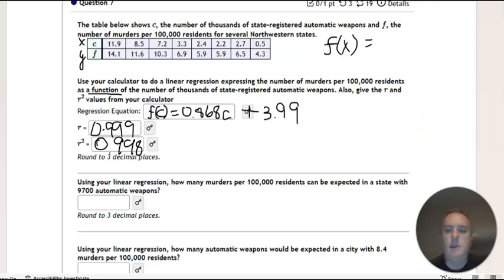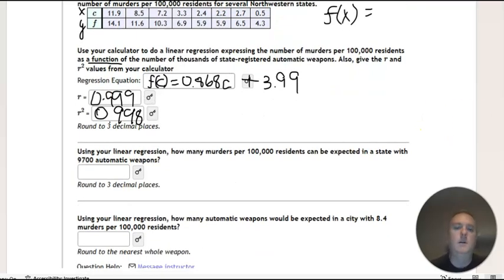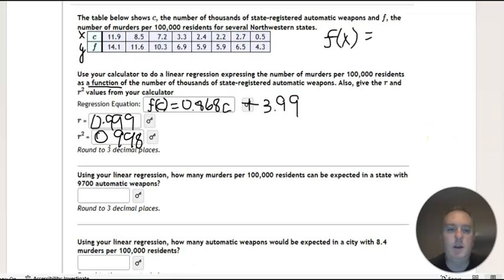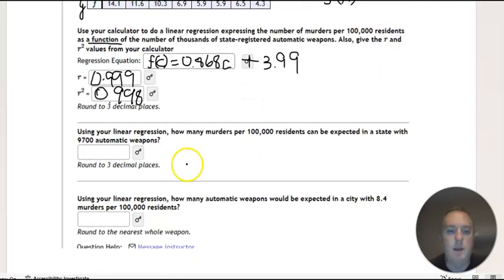All right, now we just need to use our regression equation to do some predictions here. It's asked for how many murders per 100,000 residents can be expected in a state with 9,700 automatic weapons. So the C value is the number of, or thousands of automatic weapons. So we're going to plug in 9,700 for C.